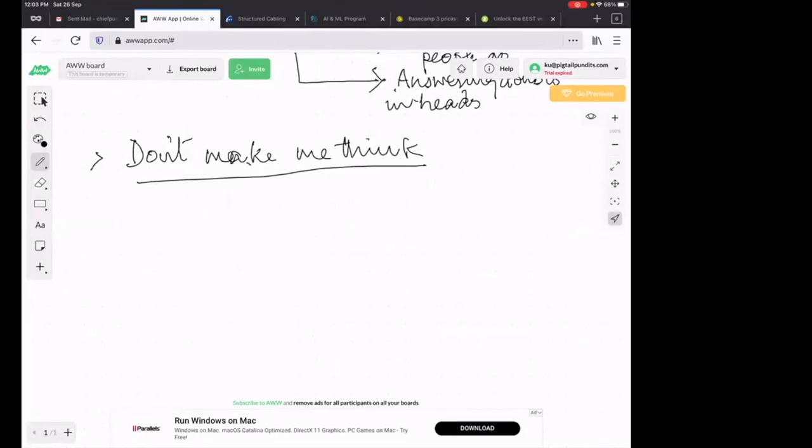So don't make these mistakes. Labels should be evident. I mean, these are such fundamental things that people forget when they are doing websites.